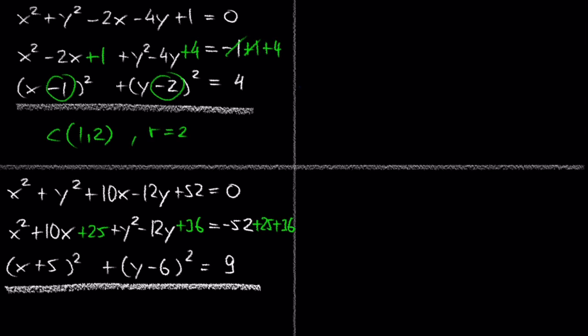So the center of the circle is -5, 6. And the radius is the square root of 9, which is 3.